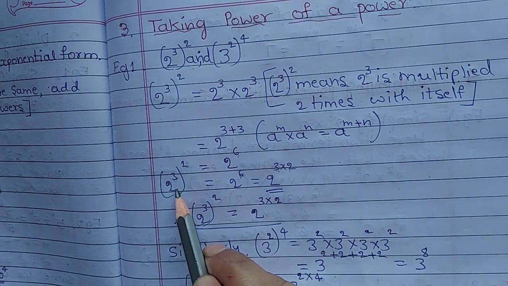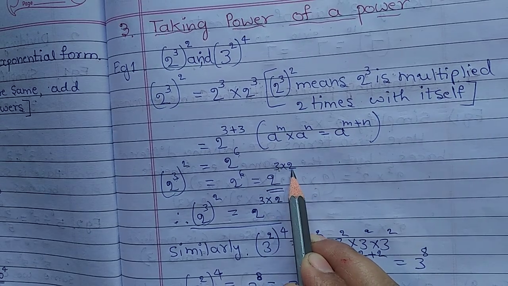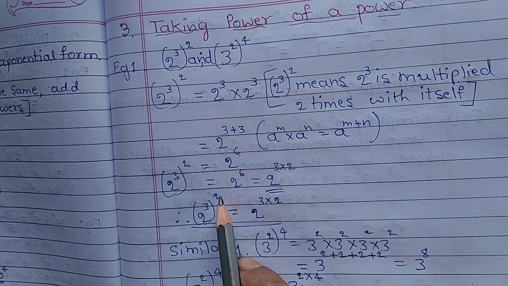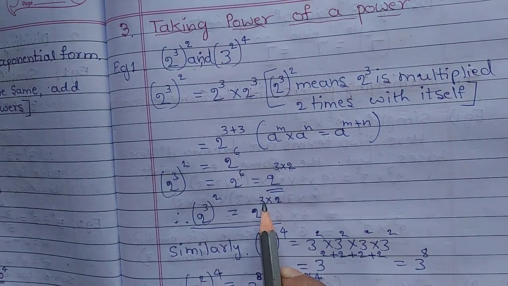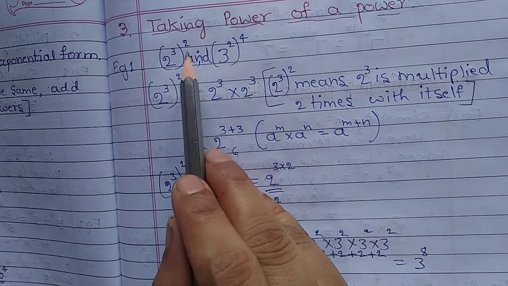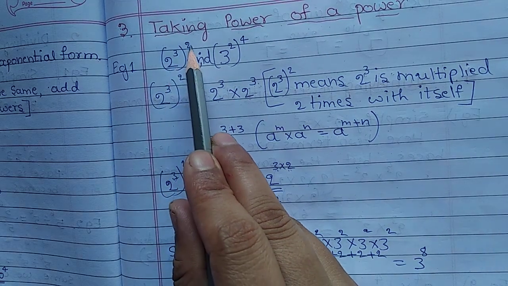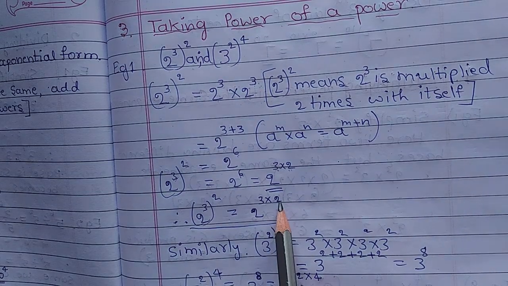I have multiplied 3 and 2, 2 raised to 3 into 2. So taking power of a power, it means 2 cube whole square is equal to 2 raised to 3 into 2.